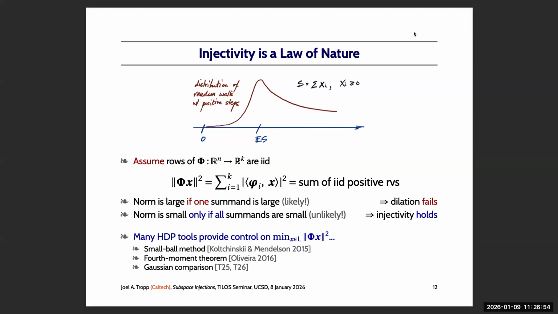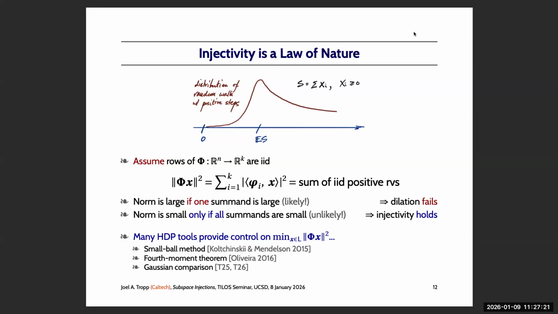If we apply the dimension reduction map to a vector, the norm is each of the rows applied to the vector, squared, and added up. Because these are identically distributed, each of these random variables is non-negative and has the same distribution. So this is an IID sum of positive random variables.